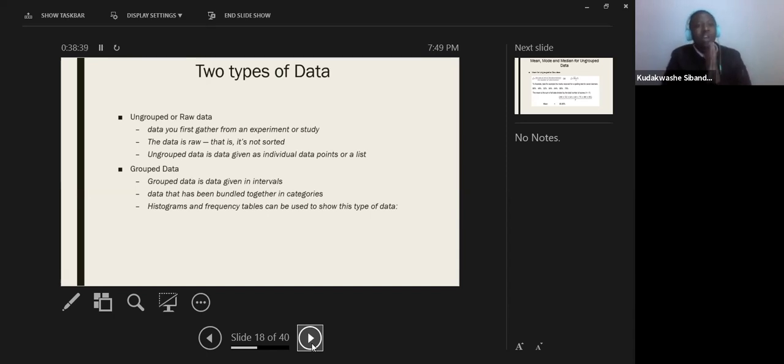There's what we call ungrouped data, which is raw data, and there's what we call grouped data. Now, the reason why they are grouping this data is that the method you use to calculate the median, the mode, and the mean for ungrouped data is different from the way you calculate the mean, mode, and the median for grouped data, right?